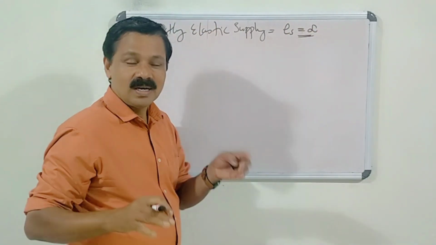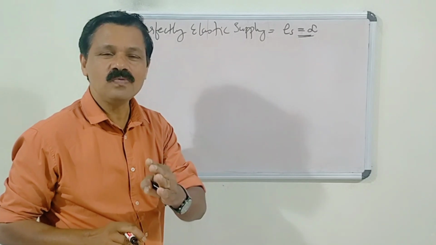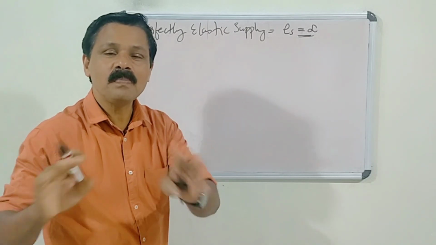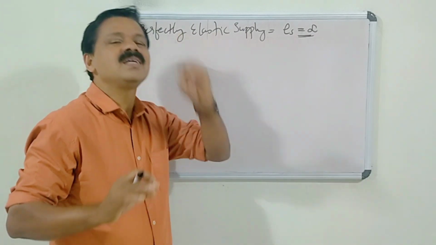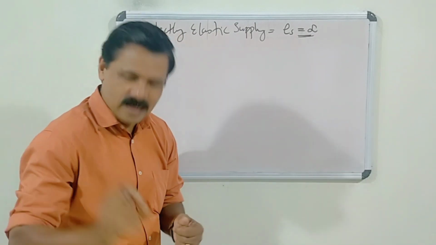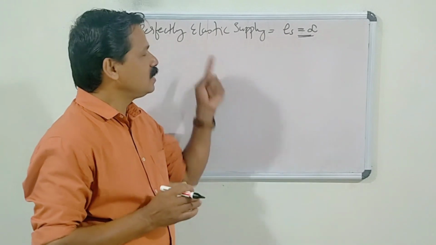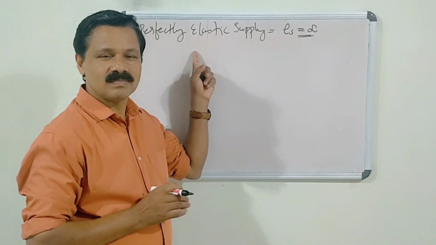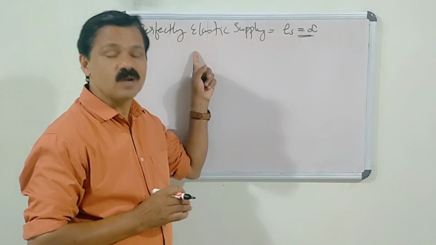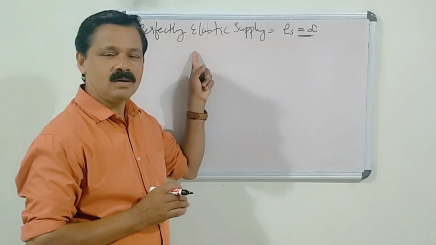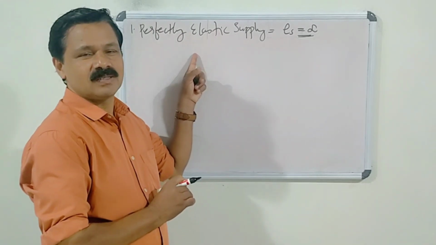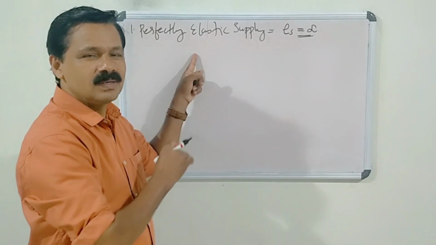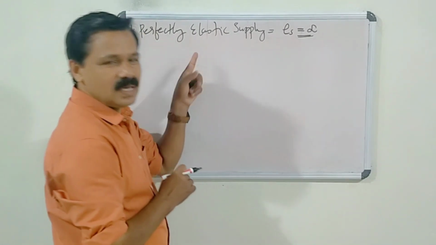In other words, infinite quantity will be supplied when there is a slight incremental change in its price. In this case, the supply curve has been drawn quite horizontally along the x-axis, as shown by a diagram. See the diagram.